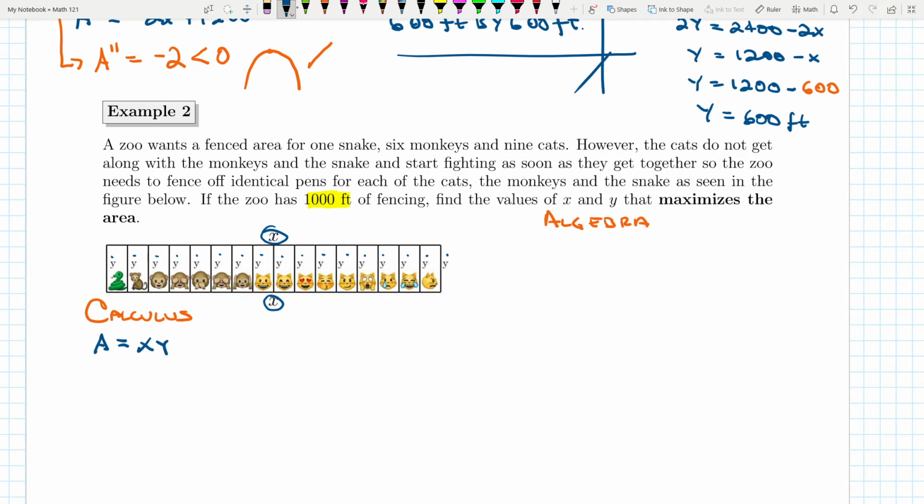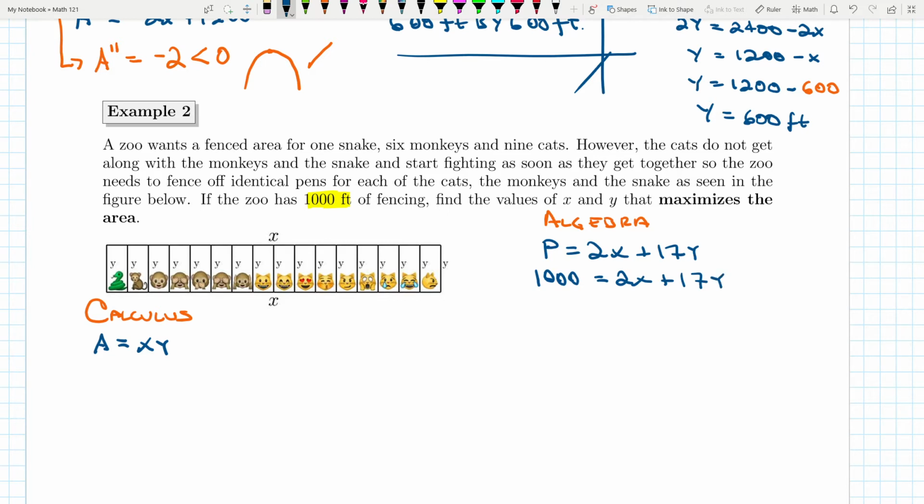So all this perimeter right here will be to fence 2 x's and 17 y's. That is P equals 2x plus 17y, where the perimeter would be the total amount, 1,000 feet.